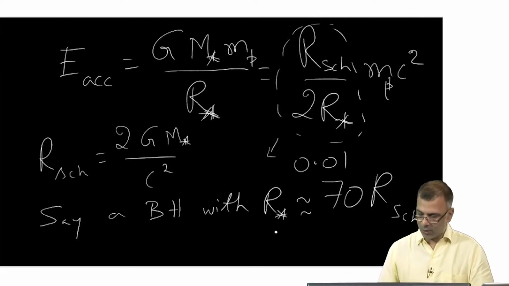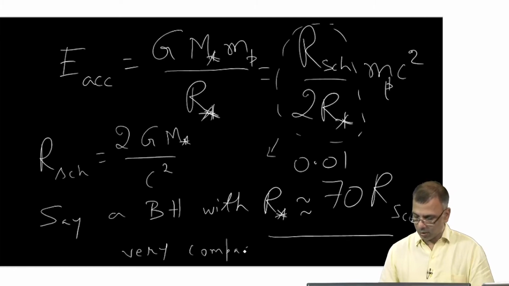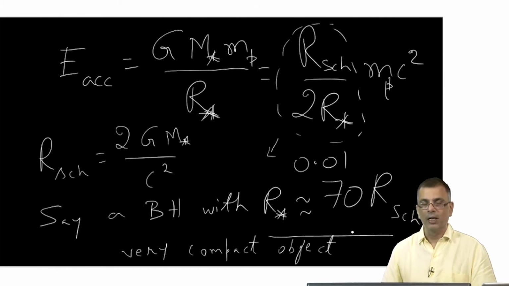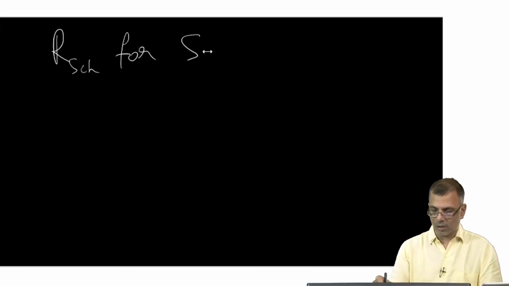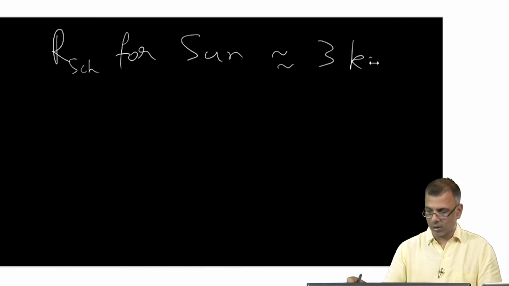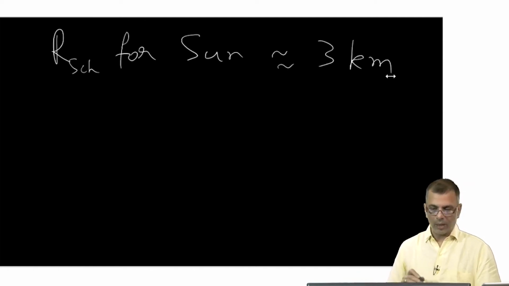This is a very compact object. In other words, the density of such an object is very, very high, if you compare it with the sun. The Schwarzschild radius for the sun is something like 3 kilometers, and the sun, of course, has 1 solar mass.